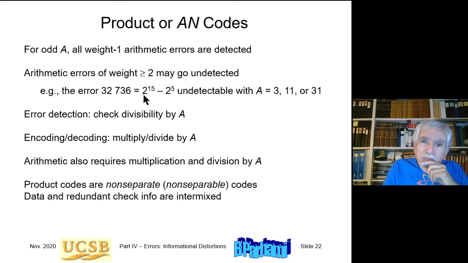Here is an example. The error 2^15 minus 2^5 is undetectable with a equal to 3 because this number happens to be divisible by 3.